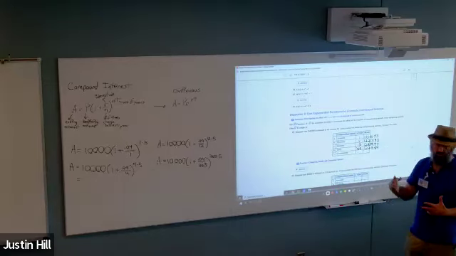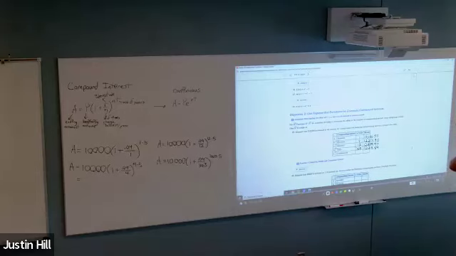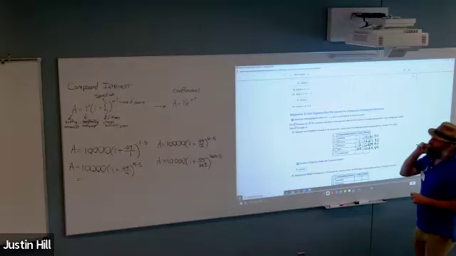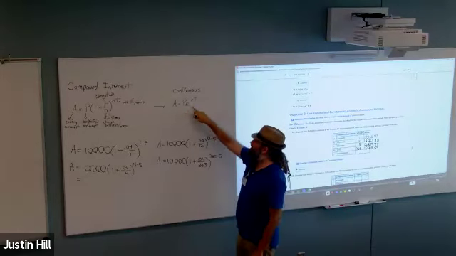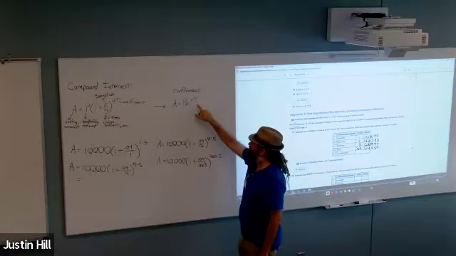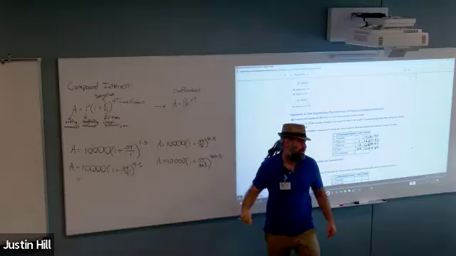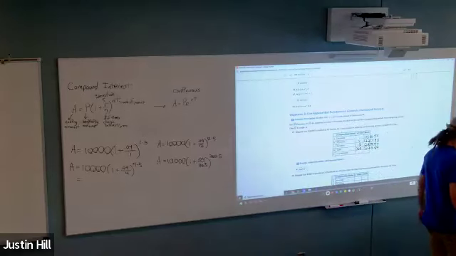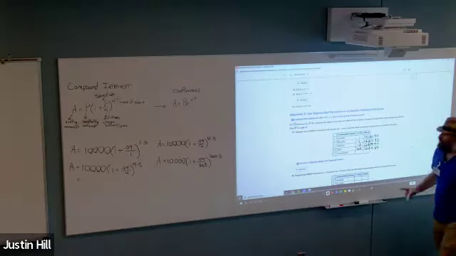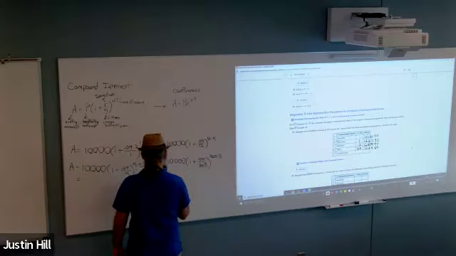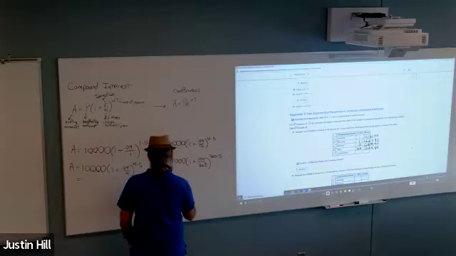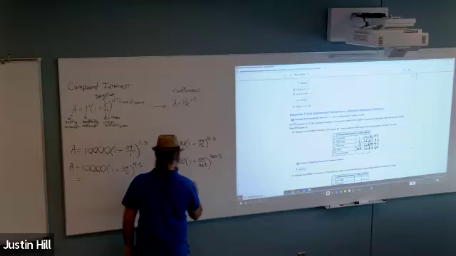It's sort of a secret number to the universe that determines how things grow or decrease. You'll find it on your calculator, raised to a power that is now not n times t, but r times t: your interest rate times the number of years. For the continuous one, we plug in 10,000 times e to the 0.04 times 5.